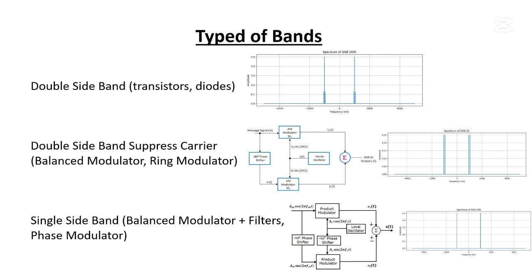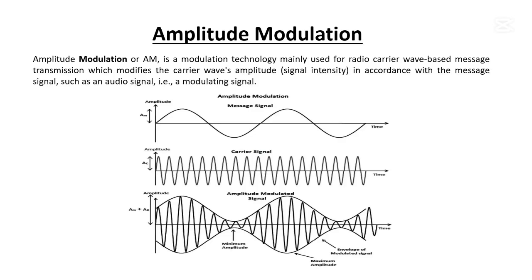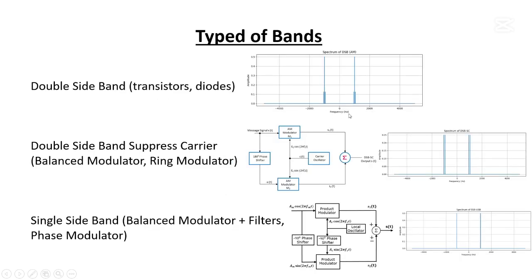Suppose the message signal is 100 hertz and the carrier is 1000 hertz. The signal which we have to transmit actually contains 1000 hertz, 1000 plus 100, which is 1100 hertz, and 1000 minus 100, which is 900 hertz.